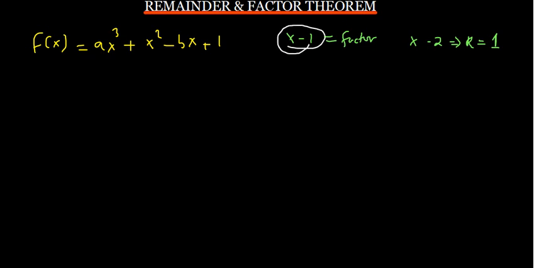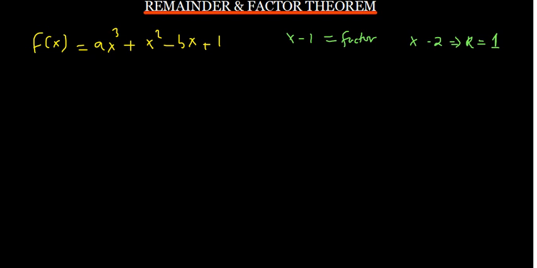Since x - 1 is a factor, what do you think the remainder is when you divide? It's 0. Okay?